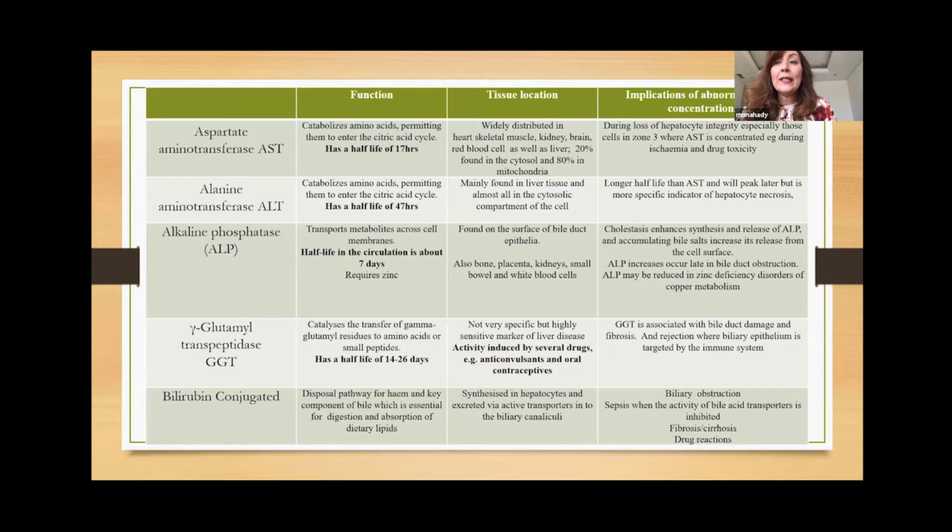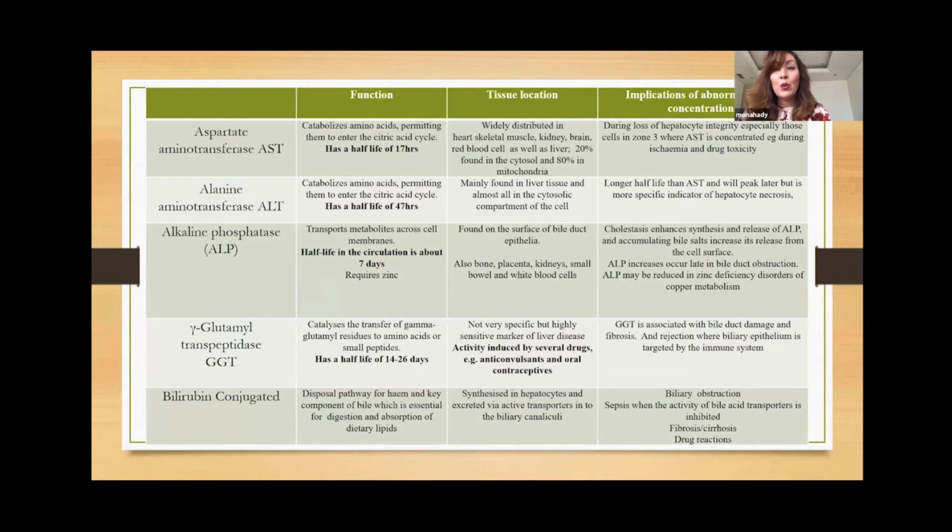Alkaline phosphatase is stimulated by cholestasis and accumulation of bile salts. It stimulates release of alkaline phosphatase, and that's why in cholestatic conditions it starts to rise. Because it requires zinc and is dependent on copper metabolism, in cases of Wilson disease, for example, we find that alkaline phosphatase is rather low. Gamma-GT is another marker of cholestasis.